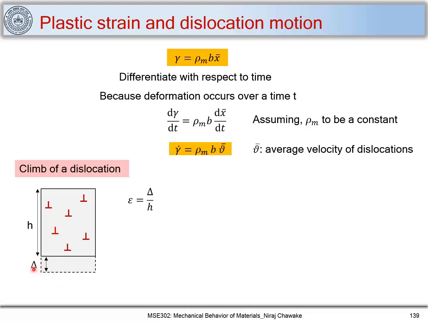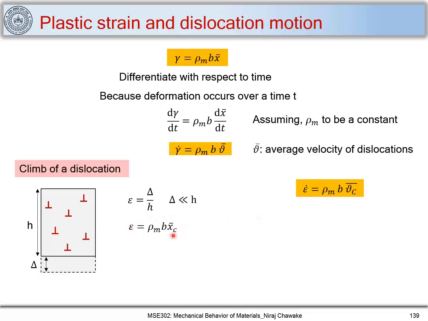So I can write this strain equal to delta upon h, which is change in length upon original length. With the same assumption, delta is much smaller than h, and thus I can find epsilon to be equal to rho m b x bar c, where rho m is the mobile dislocation density and x bar c is an average climb distance.